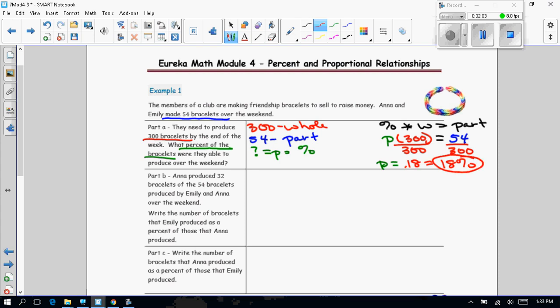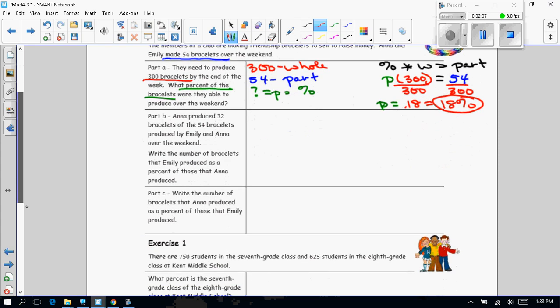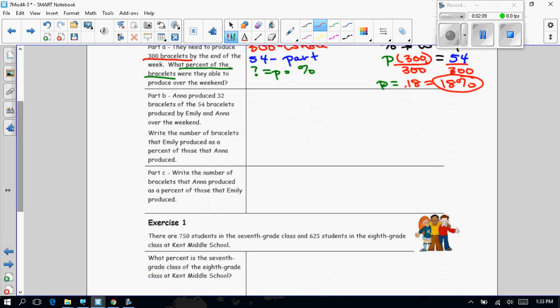Okay, part B. Anna produced 32 bracelets of the 54 bracelets produced by Emily and Anna over the weekend. Okay, so it says, write the number of bracelets that Emily produced as a percent of what Anna produced. So let's talk about how many they had total.